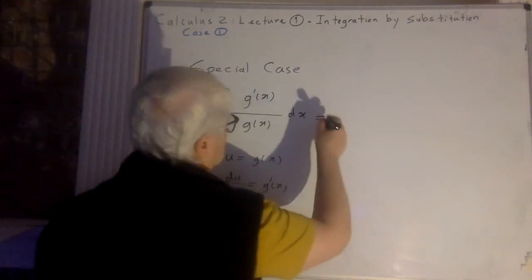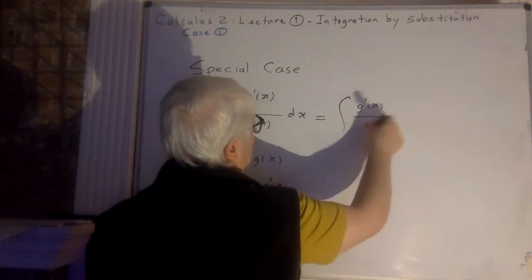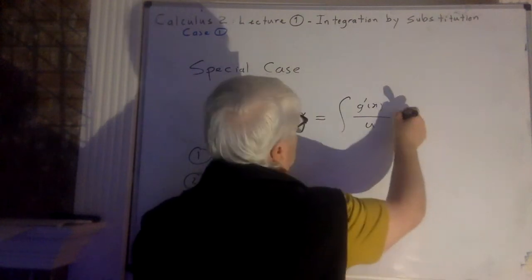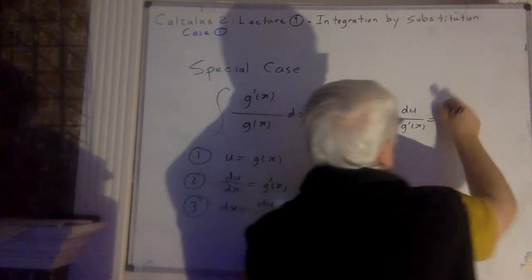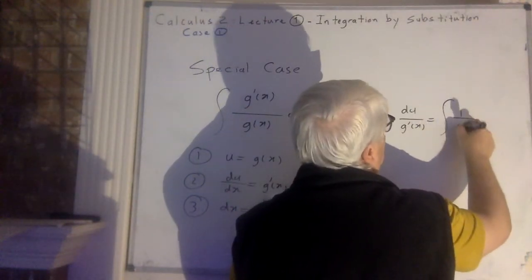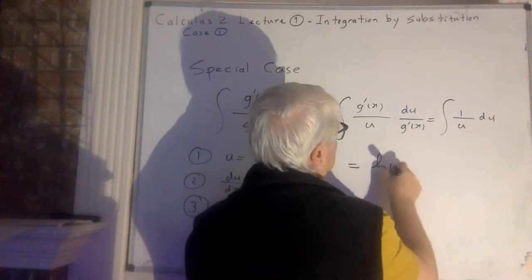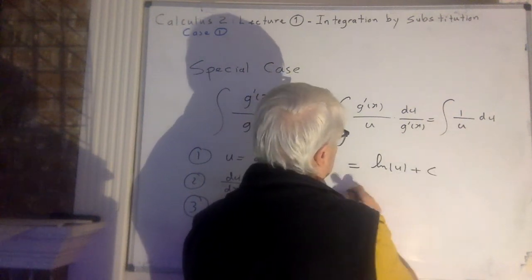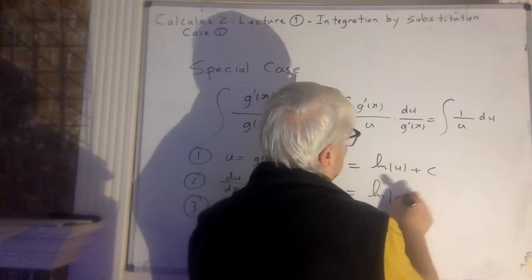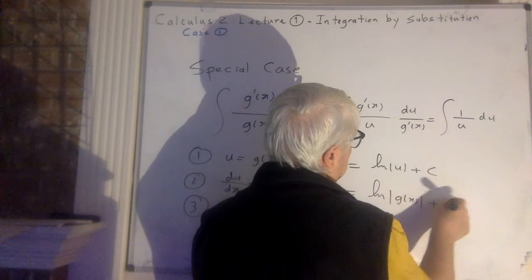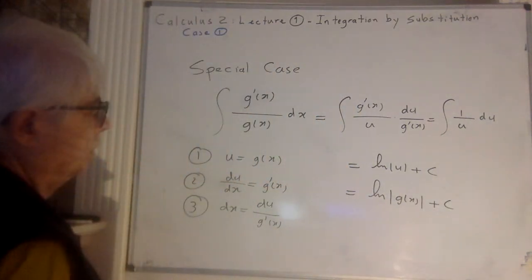So this becomes the integral of g prime x over u times du over g prime x, which is the integral of 1 over u du, which is ln of u plus c, which is ln of absolute value of g x plus c. Okay?